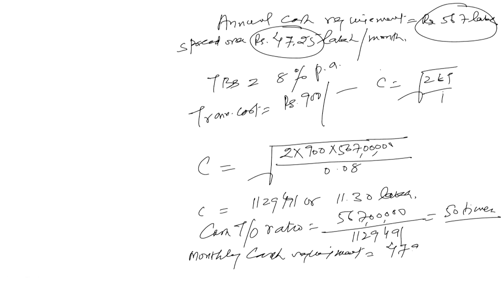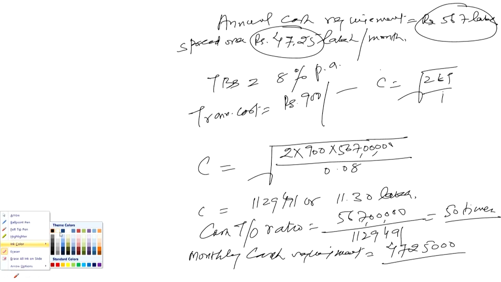47 lakh 25,000, that is 47.25 lakh, divided by 50. Sorry, this is not 50, we will have to divide it by something else, and this is the C. So, if you divide 47 lakh 25,000 by this figure, and what is our C?